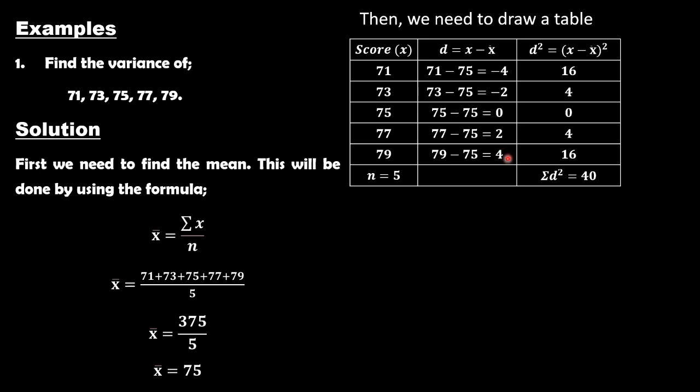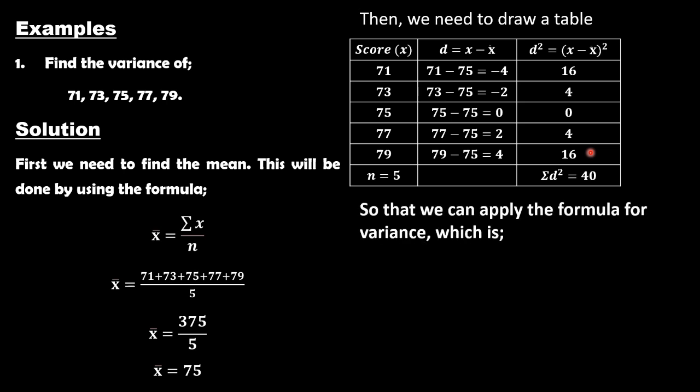And 4 squared equals 16. And the next thing we need to do is to add up all the squared deviations. We sum them up. So we have 16 plus 4, 20, 20 plus 0, 20, 20 plus 4, 24, and 24 plus 16 gives us 40.